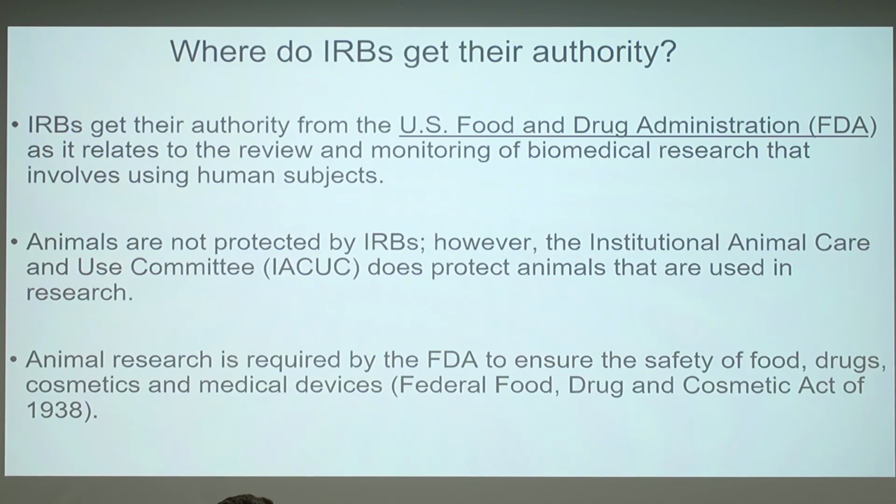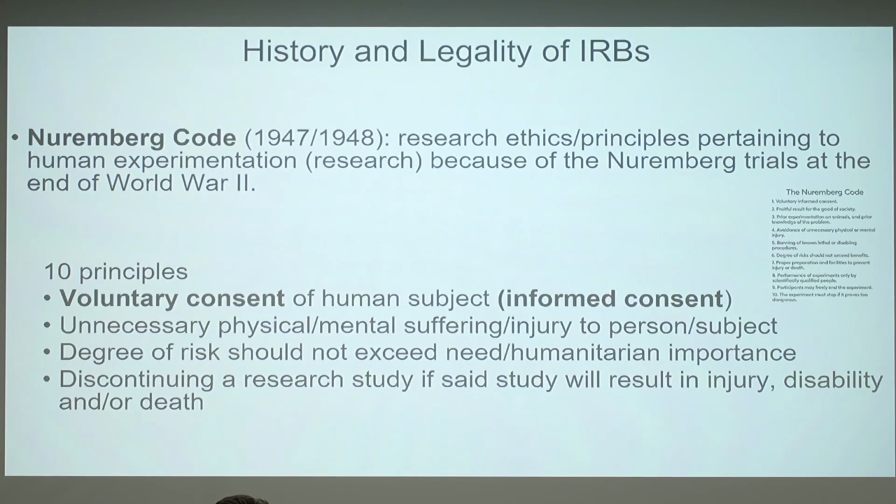And the IRB gets its authority from the FDA, because the FDA is what protects human studies, and the IACUC, through the USDA, is what protects animals in animal studies. So why do we need an IRB?